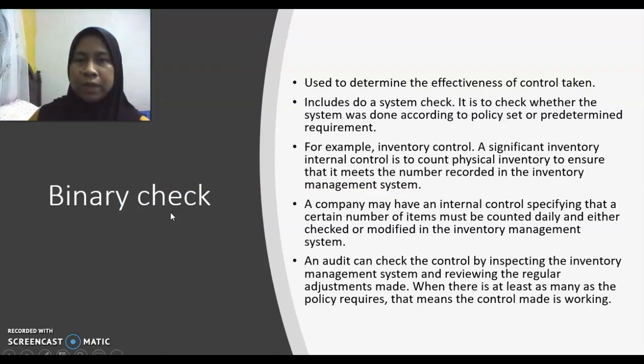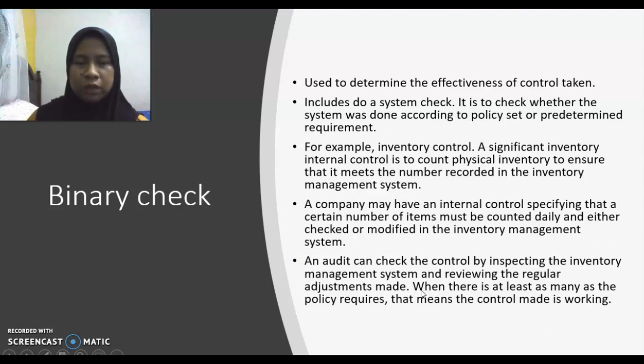For the first one, binary check is used to determine the effectiveness of control taken. This includes doing a system check, which is to check whether the system was done according to the policy set or predetermined requirement. Here is the example that I provide.